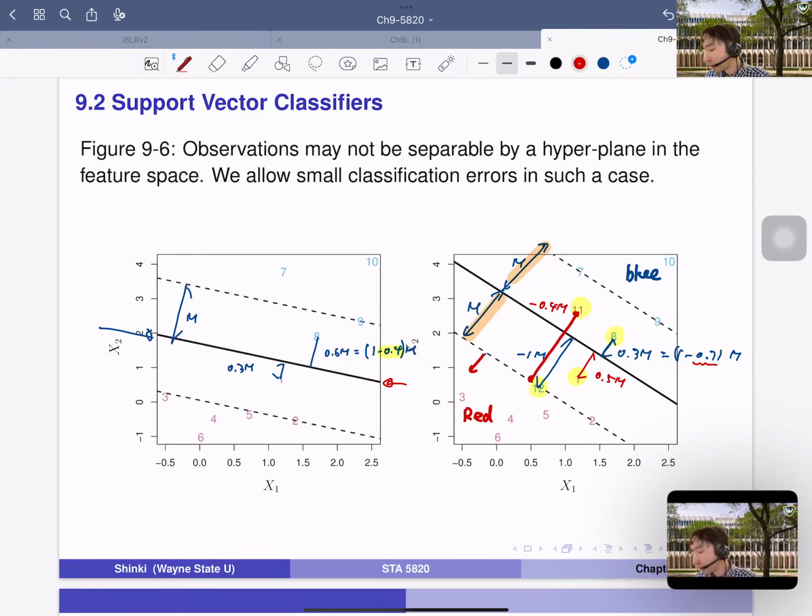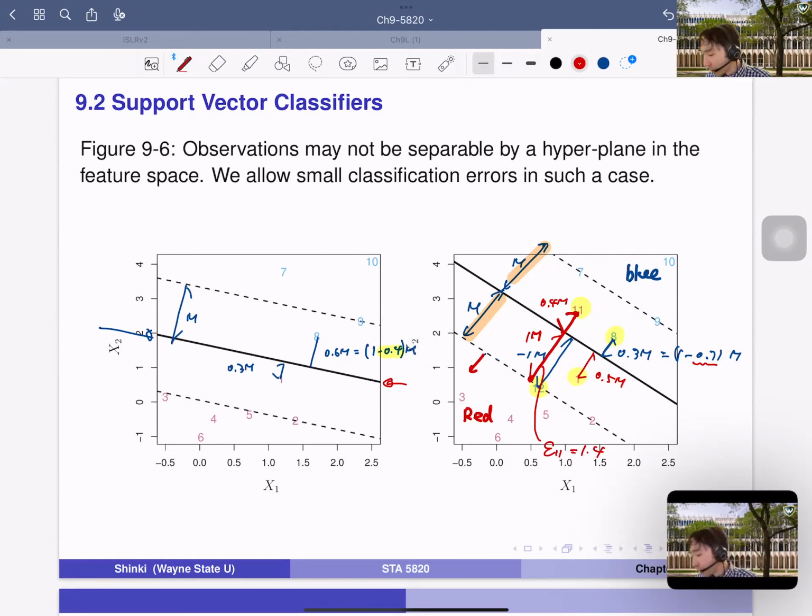Basically this amount. This is equal to 0.4 m, and this is 1 m. So actually, we violate 1.4 times m. So in such a case, epsilon 11 is equal to 1.4.